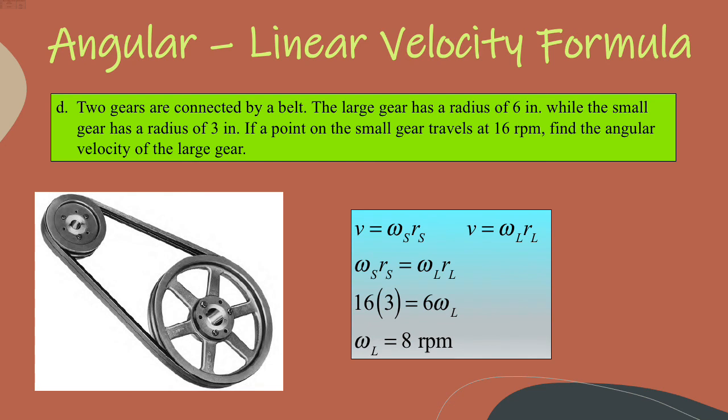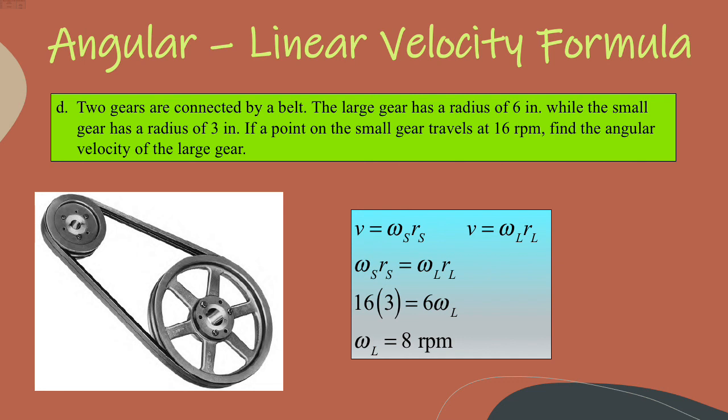This problem looks difficult, but in reality is quite easy. Examine the picture. The small gear is driven at angular velocity 16 RPM. Since the belt is attached to it, the belt will have a linear velocity. But this same belt is also connected to the large gear, which has its own angular velocity.